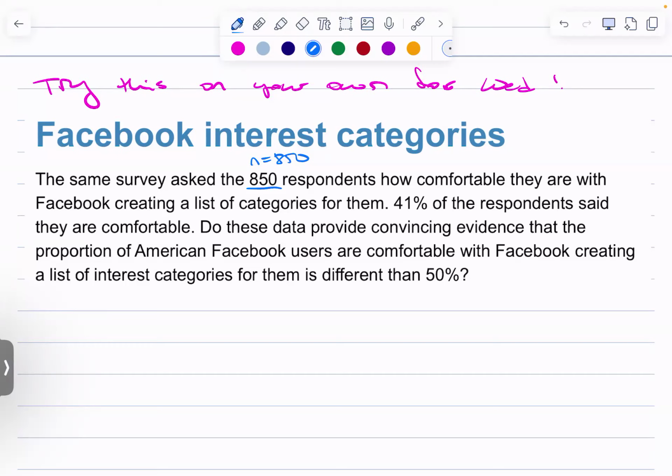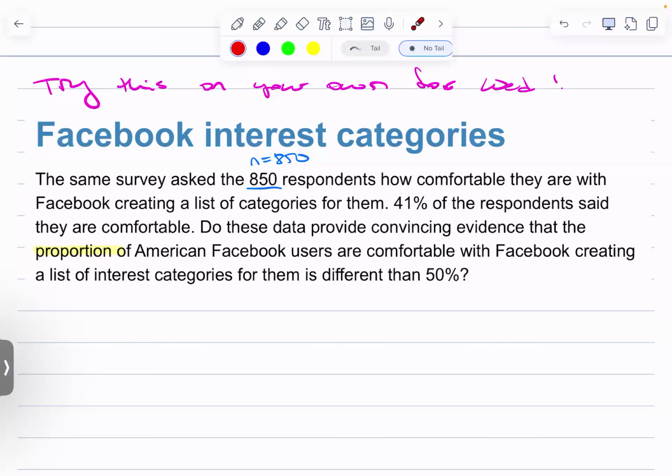And so there's also a clue here. Do these data provide convincing evidence? Hypothesis testing is all about providing evidence. And so usually I'll phrase it like, is there evidence that blah, blah, blah. Here we're talking about the proportion.